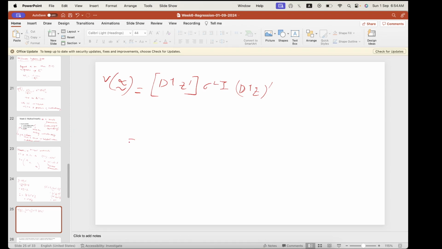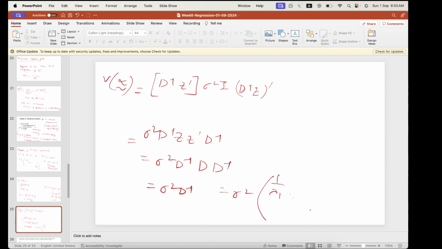So this becomes D inverse Z sigma square and then Z prime, again D inverse. Now Z prime Z is D, so this would be sigma square D inverse D D inverse, this is I, so we ultimately have sigma square D inverse, which is sigma square times 1 by lambda 1 to 1 by lambda k.